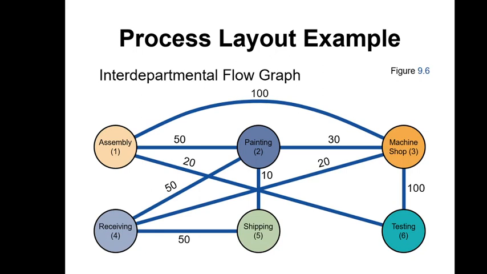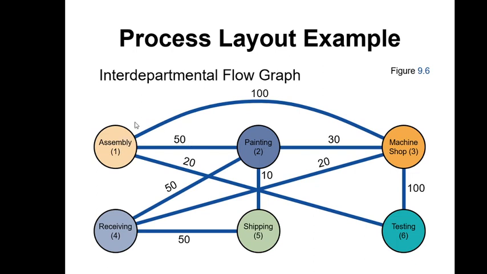I am reminding you, if you move any load between adjacent departments, then the cost will be only $1. Now, if you look here, for example, the assembly department and the painting department, they are adjacent. So to move these 50 loads, how much will it cost us? We will multiply here by, per load, it will be only $1.